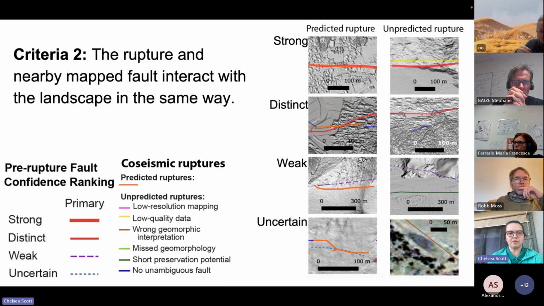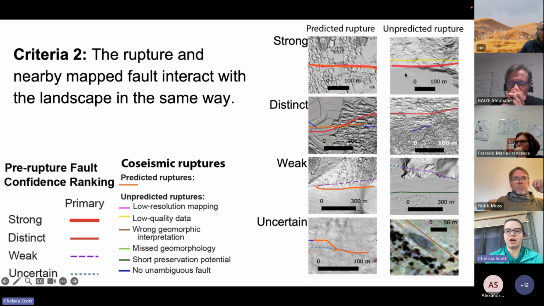The second criteria is a little bit more complicated, and it's that the rupture and nearby mapped fault have to interact with the landscape and the geomorphology in the same way. Our first motivation for developing this criteria is that we wanted a rupture and fault that were essentially conjugate to not be associated with a predicted rupture.